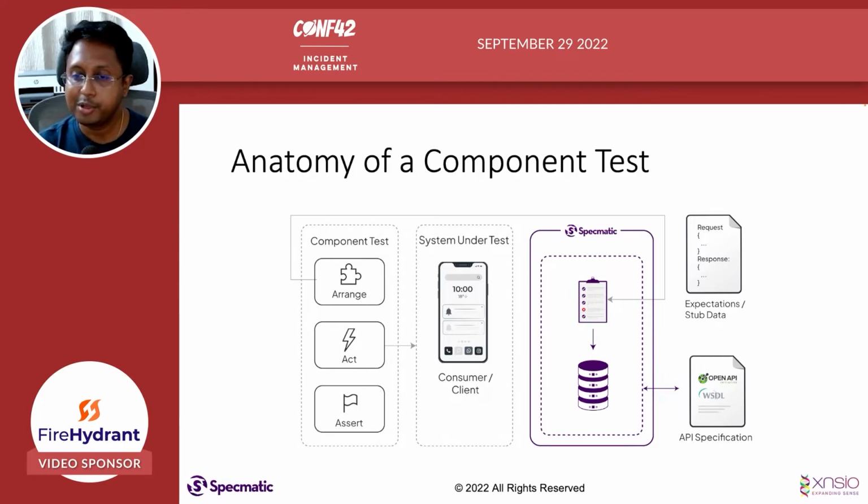And then your component test can invoke the actual system under test, and in turn the system under test interacts with the Specmatic Stub server, and the Stub server looks up if it has any corresponding data based on the expectation, or it will generate some random data and give it back to the system under test, which in turn returns to the test, and the test asserts if the response is good. Now if you look at this setup, this is very helpful to isolate the system under test while still being sure that you're emulating the provider fairly well.